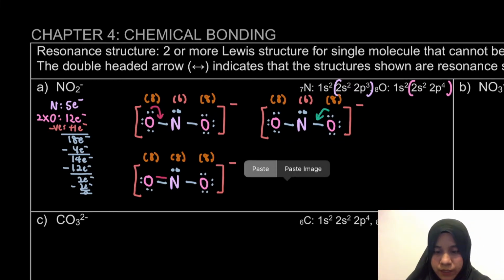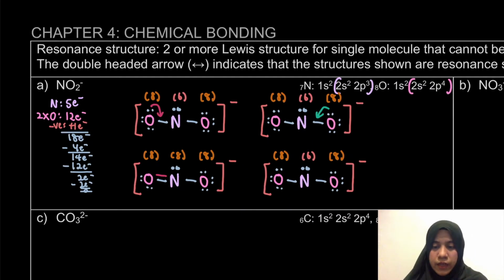So what happens here is that the oxygen from your right-hand side shares. So when it shares, erase the atom here, so it becomes a double bond here.